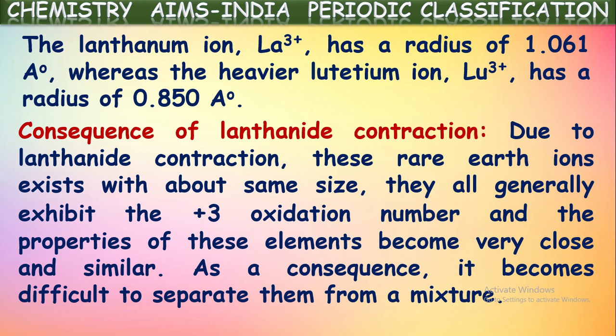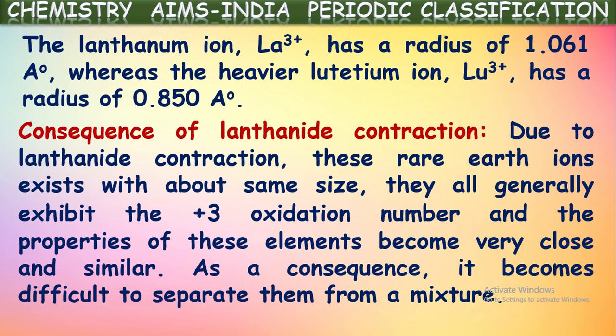The lanthanum ion La3+ has a radius of 1.061 angstroms, whereas the heavier lutetium ion Lu3+ has a radius of 0.85 angstroms. If you observe the values of these two, lanthanum has a greater atomic radius, or greater size, than lutetium.